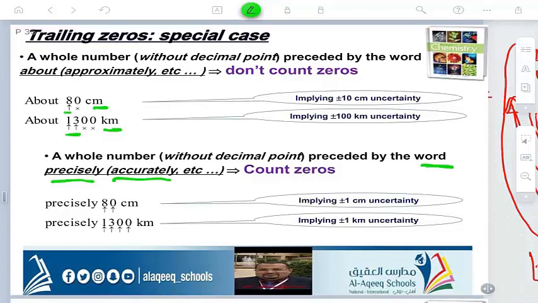Look here, it's just approximate, we don't count this zero. But if it's accurate, we count them. Look, 80 centimeters: yes, we have two significant figures here. 1,300 kilometers, precisely: so we have four significant figures at this moment.